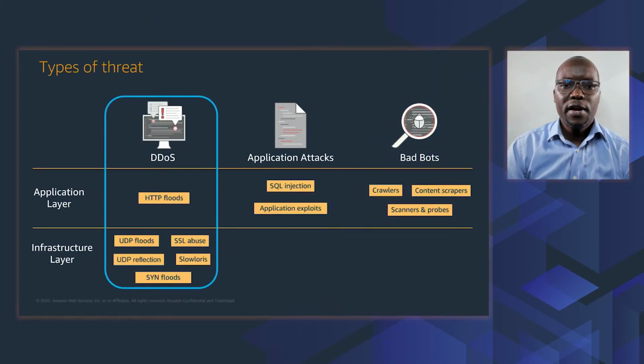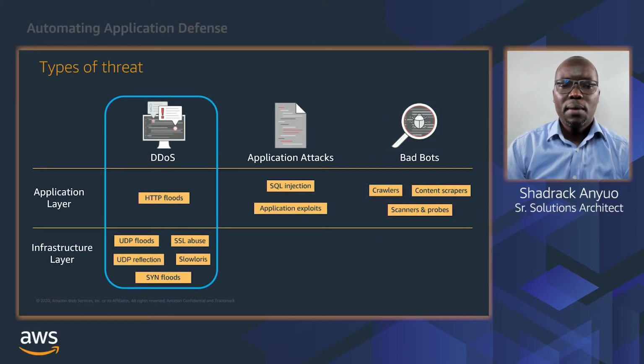Let me start by providing background information on some of the common application threats we see today, as this will help us to build a common understanding as we move deeper into the presentation. Application threats can be grouped into three major categories. We have DDoS attacks, application attacks, and bad bots. DDoS attacks occur at application and infrastructure layers and are usually the common types.